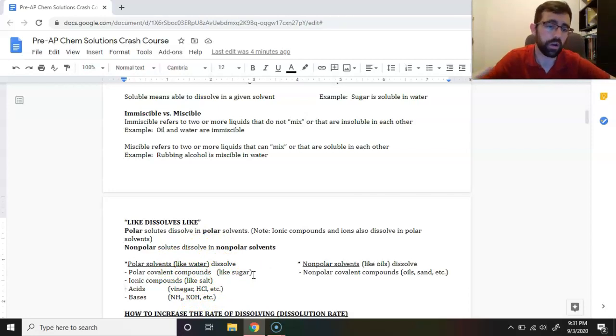Polar solvents have a partial charge, so they're going to attract anything that forms a charge. That could be a polar compound, an ionic compound, an acid, or a base. Nonpolar solvents, like oils, will dissolve nonpolar covalent compounds, like another oil of some sort, or something else.